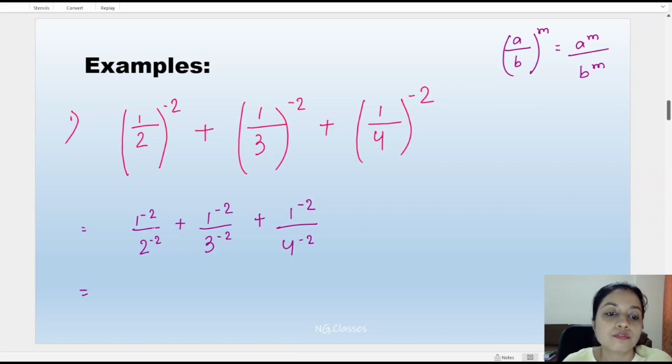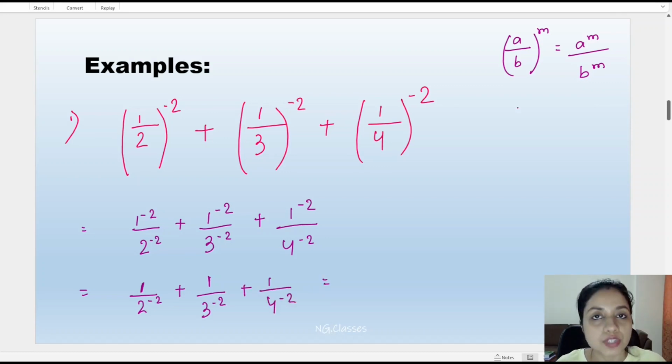Now, 1 having any exponent will be 1 only. So here we have only 1 divided by 2 to the power minus 2. Let's write it as it is. Similarly, 1 divided by 3 to the power minus 2, writing it as it is, plus 1 by 4 to the power negative 2. Now we know the property which says a to the power minus m can be written as 1 by a to the power m.